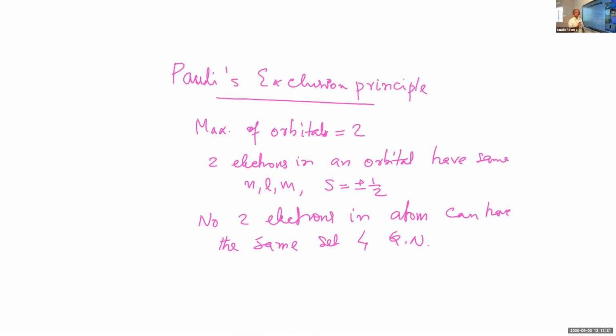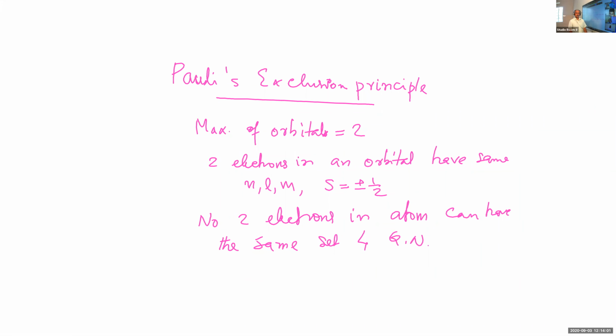So we are starting with a negation. No two electrons in an atom can have the same set of four quantum numbers. So the two electrons in an orbital have the same set of n, l and m values, but their spin quantum numbers will be different, opposite, plus half and minus half.